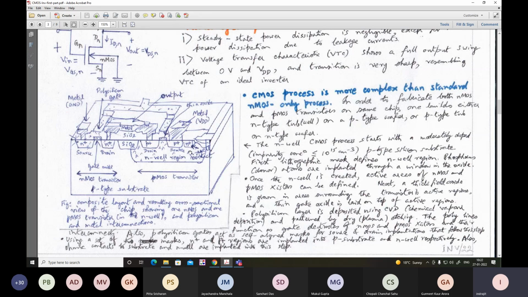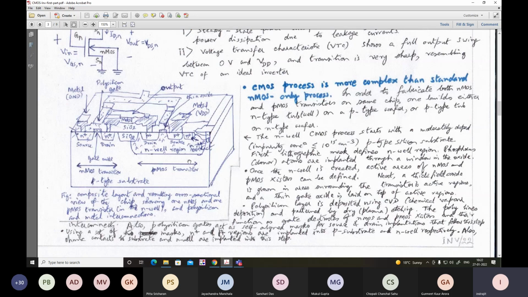After the N-well is created, now the active areas for the two transistors: in the N-well you will build up the PMOS transistor, in the substrate you will build up the NMOS transistor. So masks of those transistors should be defined. A thick field oxide is grown in areas surrounding the transistors' active regions.